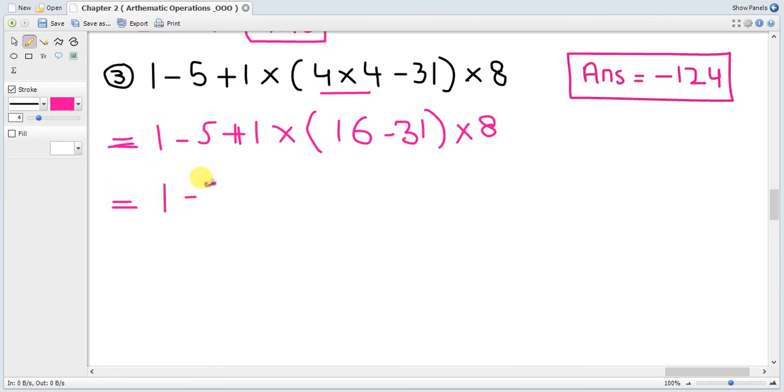So 1 minus 5 plus 1 times, now 16 take away 31, so this will give us what? This will give us minus 15 and times 8.